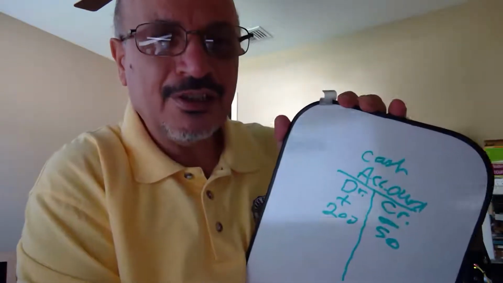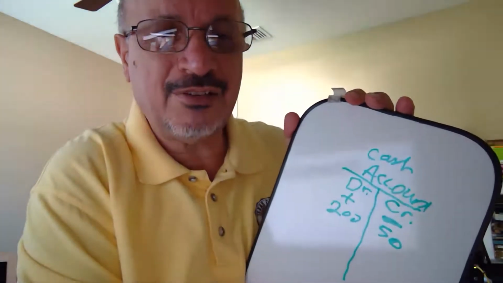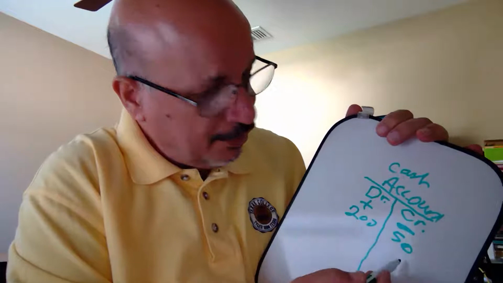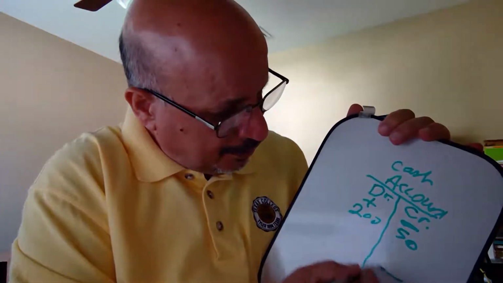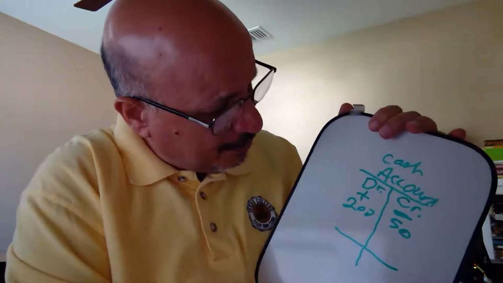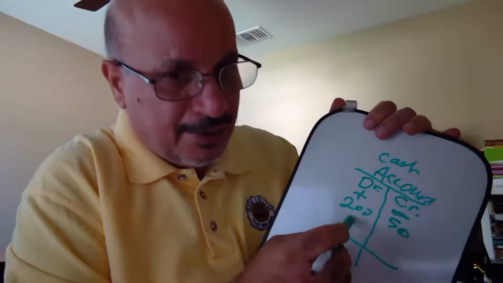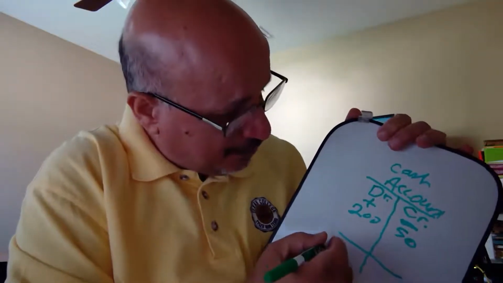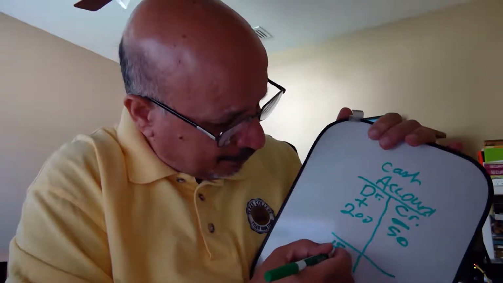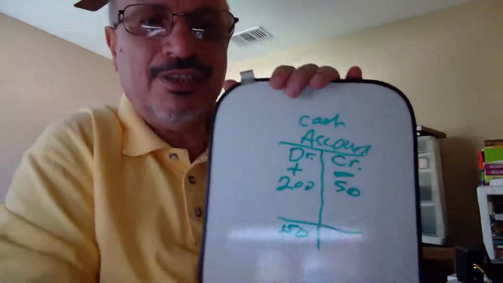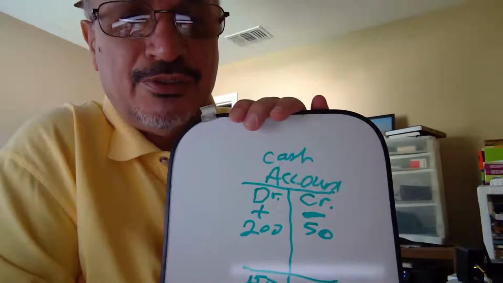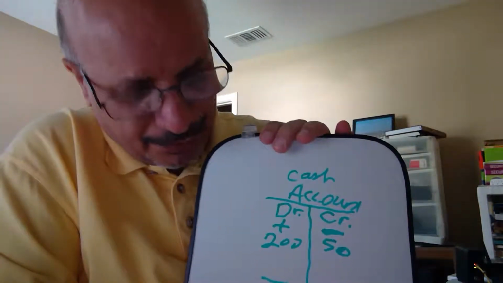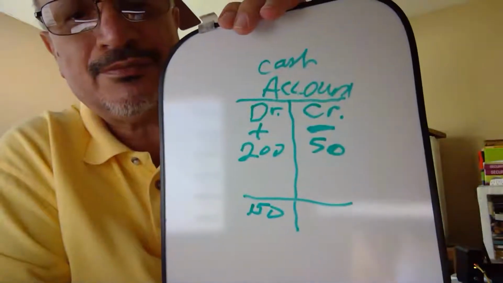What is my balance in cash now? I started with 200 and used 50. Which side is larger? The debit side is larger. So the balance in cash is $150.